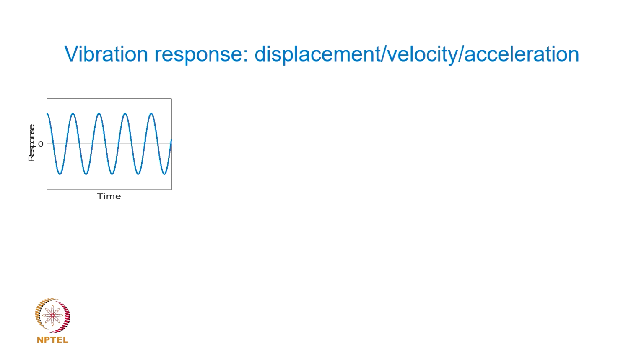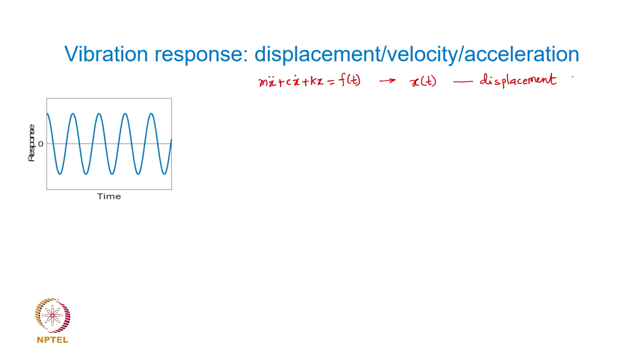Okay, the vibration response can be in the units of displacement, velocity or acceleration. In these three forms, the vibration response will get generated, in the sense that when you solve the governing equation of motion, m x double dot plus c x dot plus k x equal to, let us say, f of t, ultimately solving this equation you will generate the response, and that response obviously is in the displacement unit.